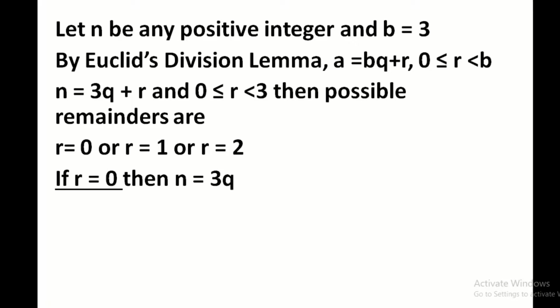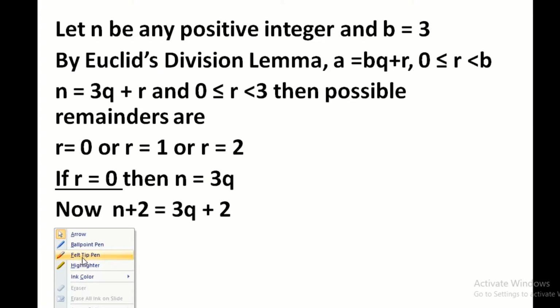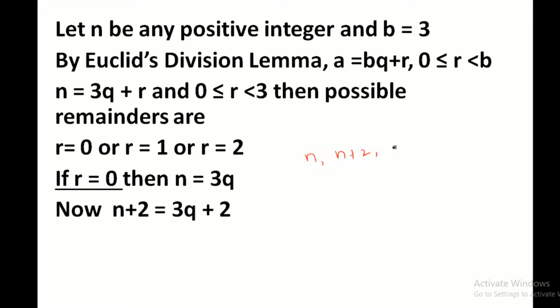If r equal to 0, then n is equal to 3q. Since we are asked to find about 3 different numbers, one is n, another one is n plus 2, and another one is n plus 4. So we are simultaneously applying this r value to the 3 numbers.